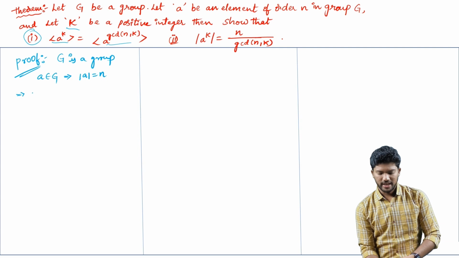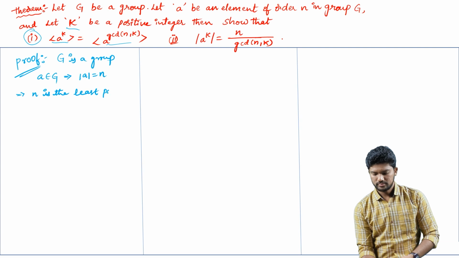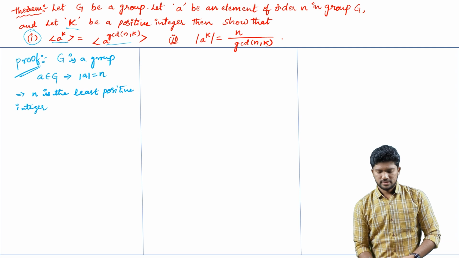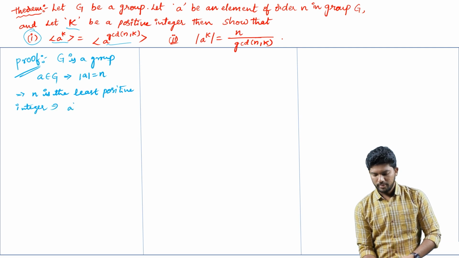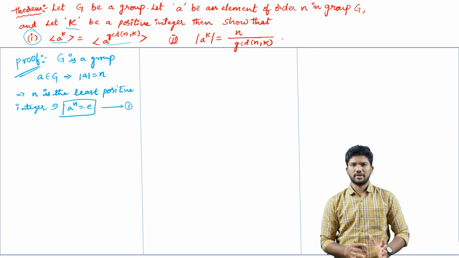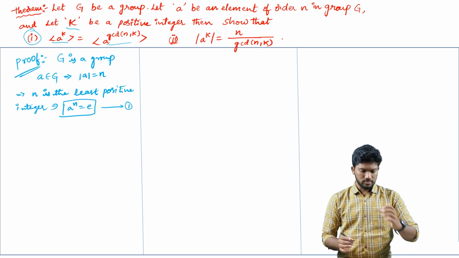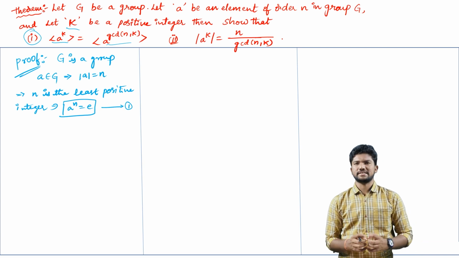That means n is the least positive integer such that a^n is equal to e. I am taking this as equation number 1. Also in the statement, it is given that k is a positive integer.